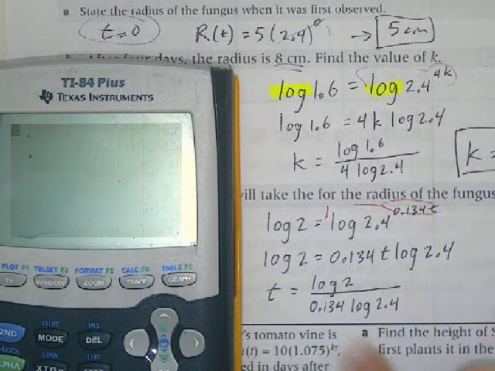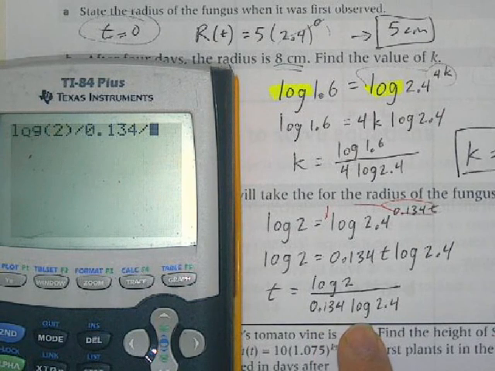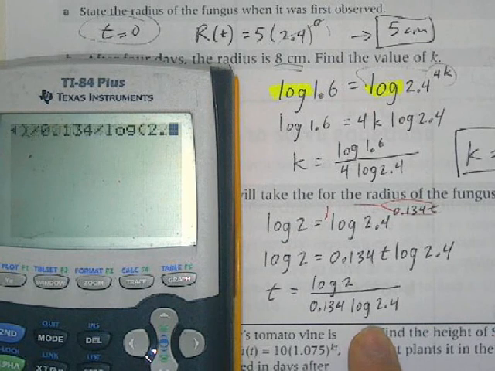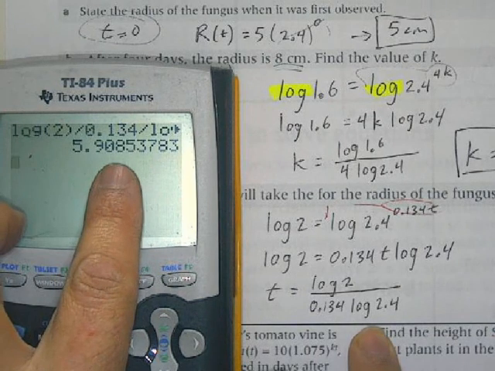So I can plug those things in my calculator. Log 2, close parentheses, divided by 0.134, divided by log 2.4, close parentheses, enter, and I get 5.91.